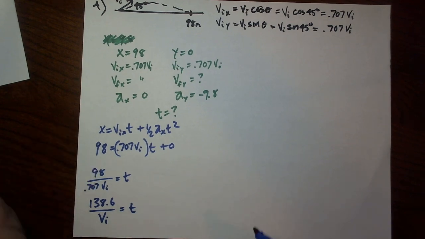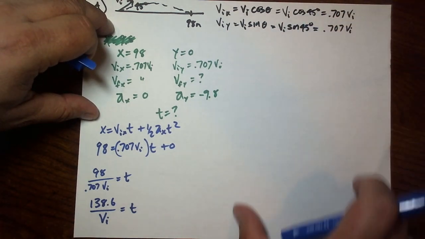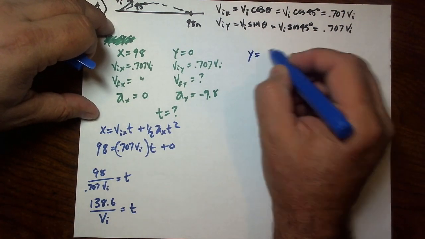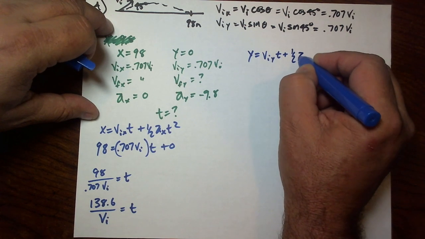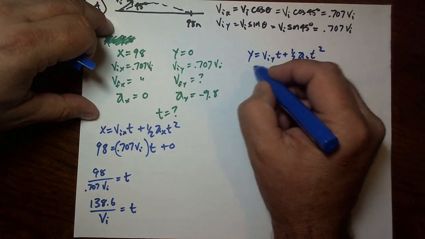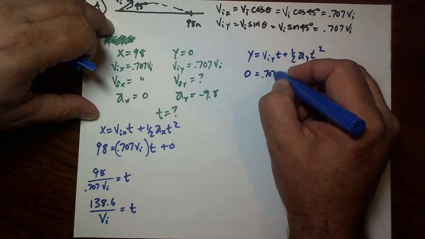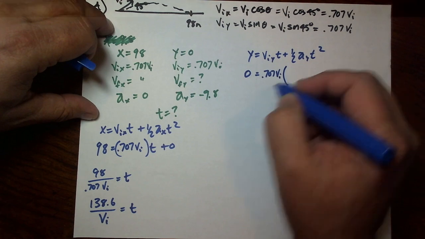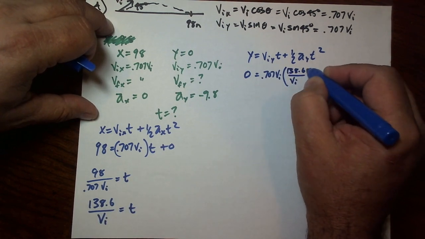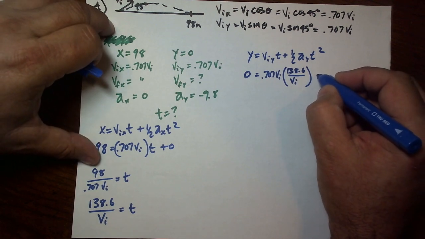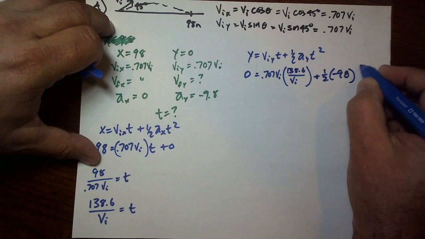So now we get going on the Y equation. Now I'm going to go all the way up to the top here so I have the maximum amount of paper. The Y equation says VIY times t plus 1/2 AY t squared, equals 0. VIY is 0.707 VI times t, which is 138.6 over VI, and then plus 1/2 of negative 9.8 times t squared.